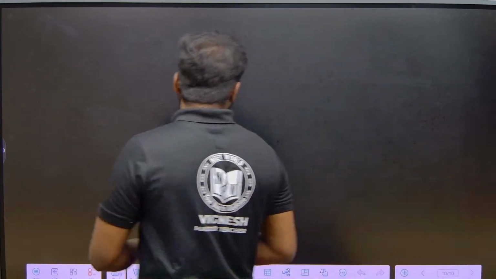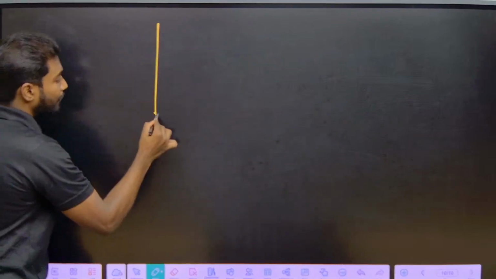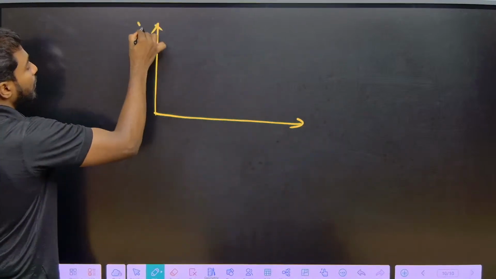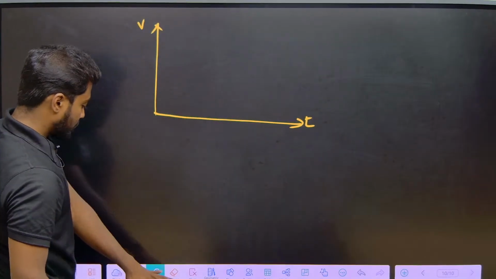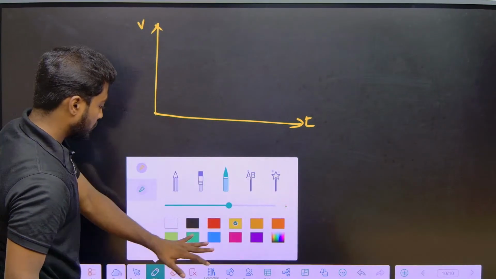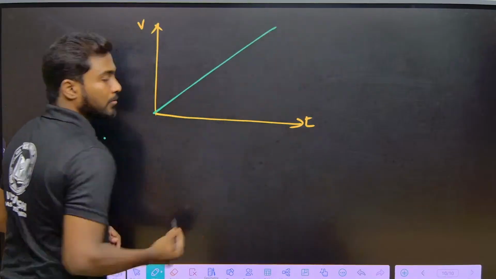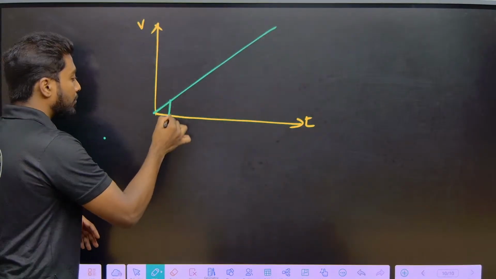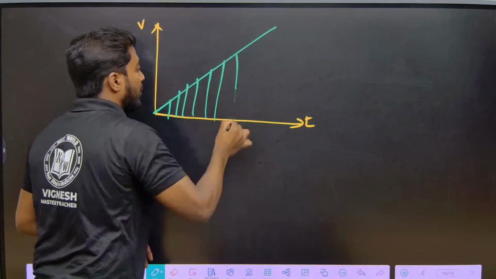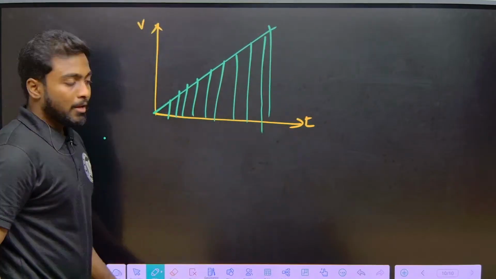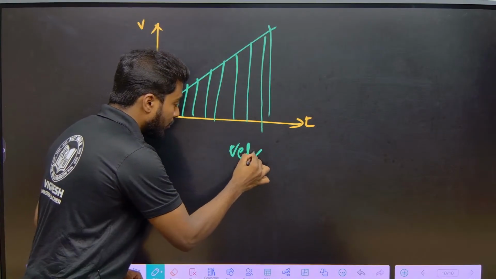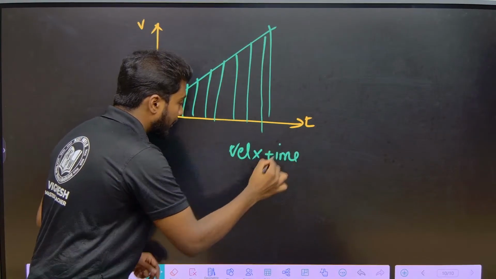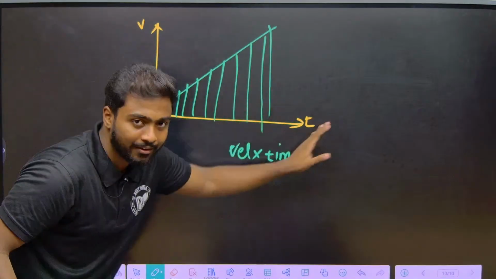Similarly, when I talk about the VT graph, V versus T graph, right? Yeah, this is the line. I have taken simply some lines. Okay, this is the area. What I said, velocity into time, that is y axis into x axis.